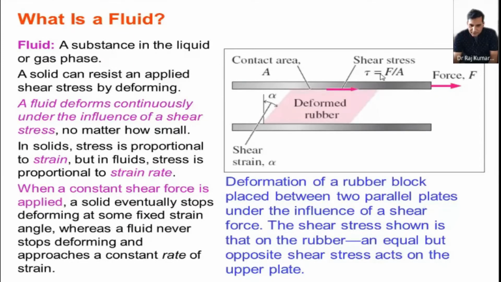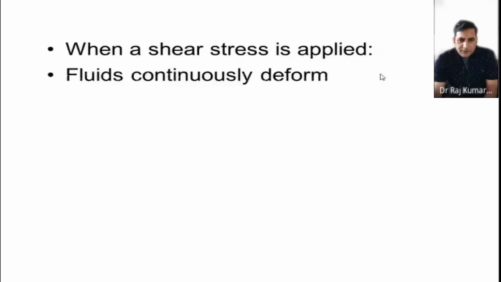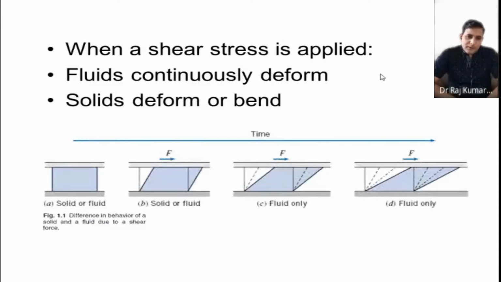So in the next slide, you can see the figure I was talking about when you apply the shear. A fluid will continuously deform, while a solid would also deform, but only after a certain force. Let's say the first block: you cannot say whether this material is solid or fluid, because both are at rest.